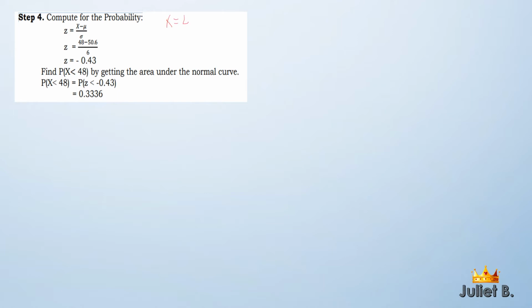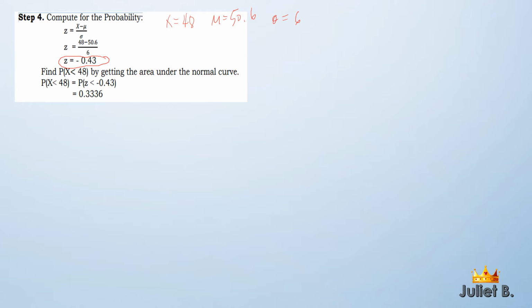Our x is 48, the population mean is 50.6, and then the standard deviation is 6. That's why we have 48 minus 50.6 divided by 6. Then, performing the operation, we got z is equal to negative 0.43.